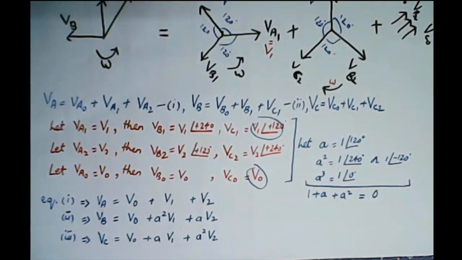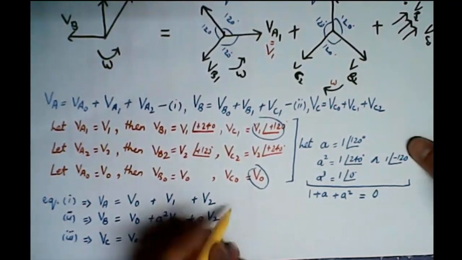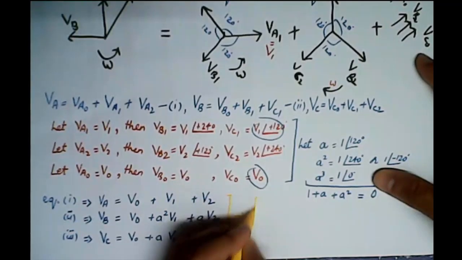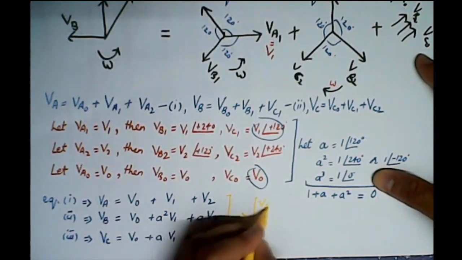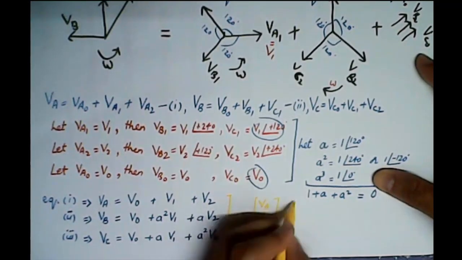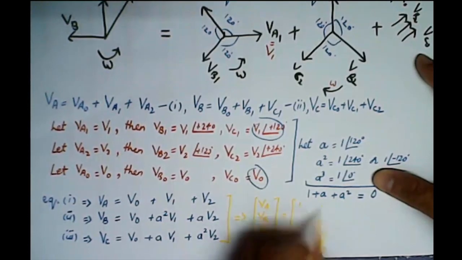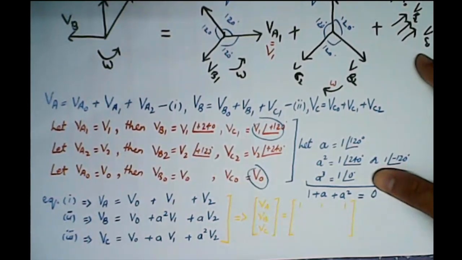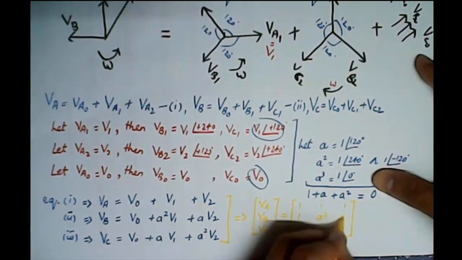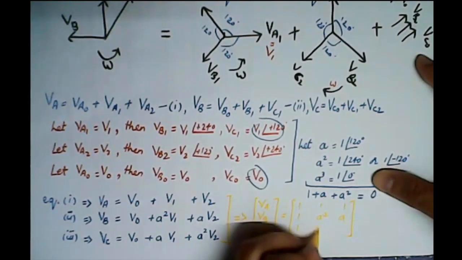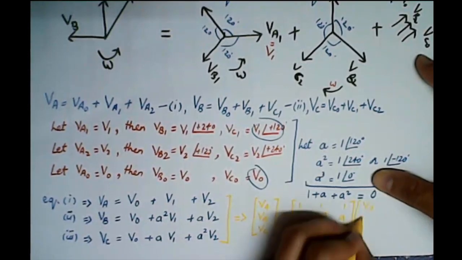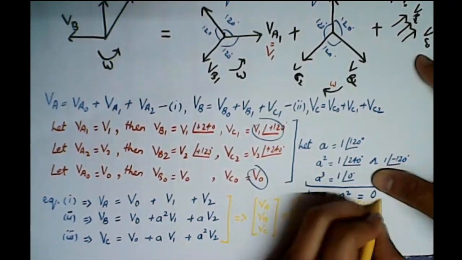And we can now simplify this in the matrix form. VA, VB, VC equals the matrix 1 1 1; 1 a square a; 1 a a square, times V0, V1 and V2.